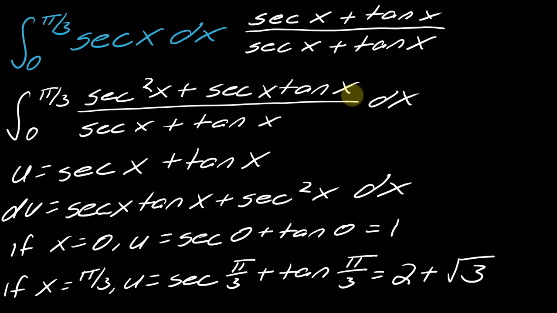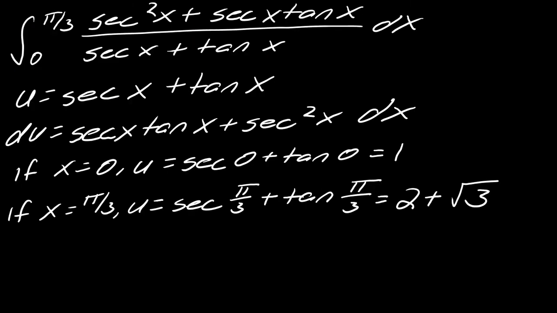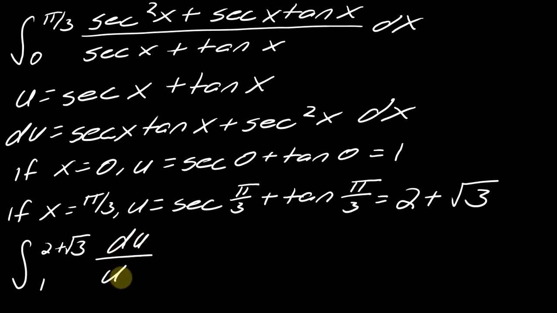I'm totally out of space, so let me clear some space. Okay, so now my integral is going to go from 1 to 2 plus the square root of 3. And this becomes just du over u. So this will equal the natural log of the absolute value of u.